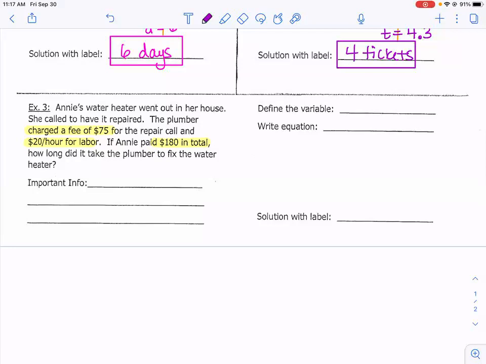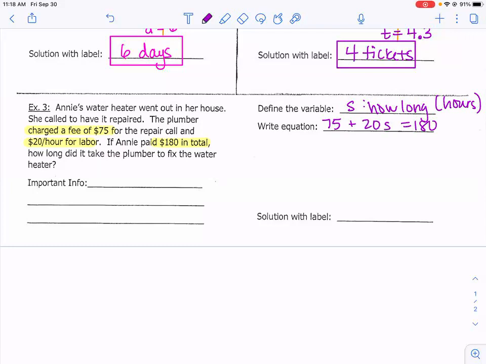Okay, so Trent, what variable did you use? So S is how long, in hours, right? Okay, so we should have a total of $180. 75 is the flat fee. It doesn't change, but then there's $20 for every hour.